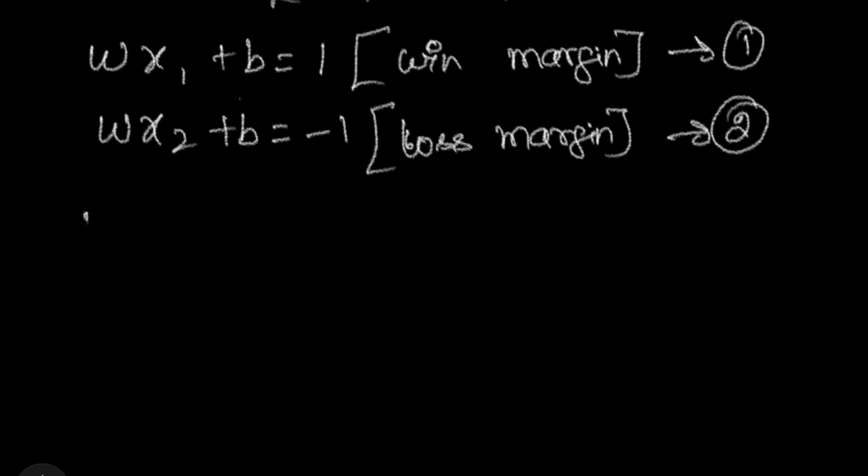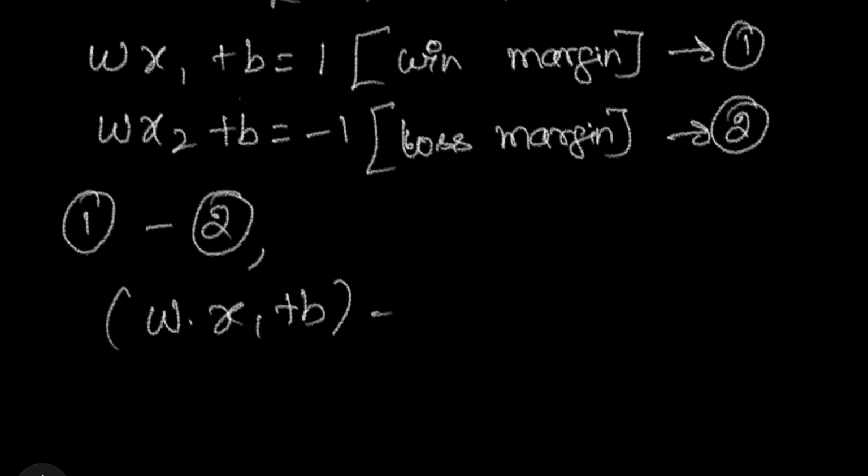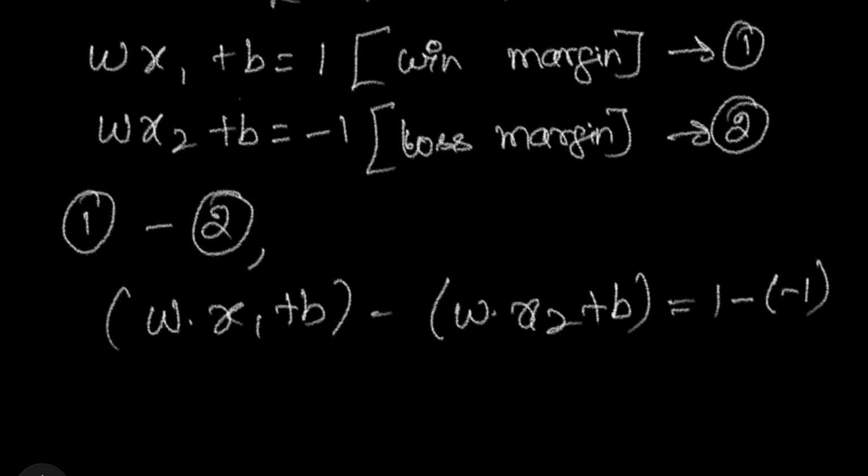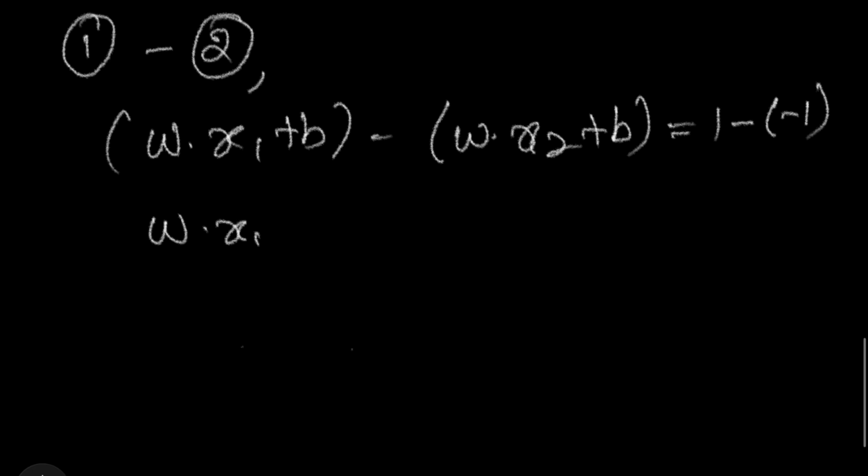Now I have to perform equation 1 minus equation 2, which results in W into x1 plus B minus W x2 plus B equals 1 minus (-1). In this case, I'll take W, which is common. If I elaborate this, I'll get W x1 plus B minus W into x2 minus B equals 2.